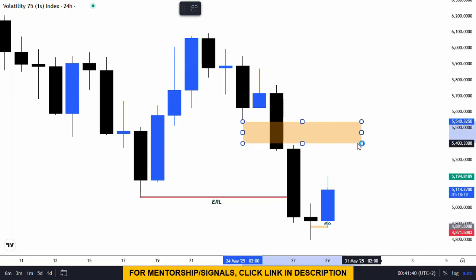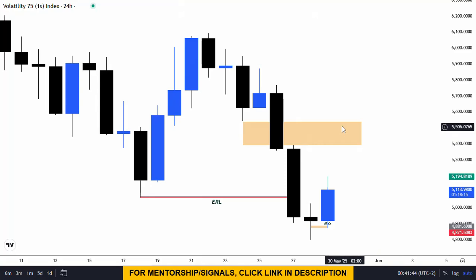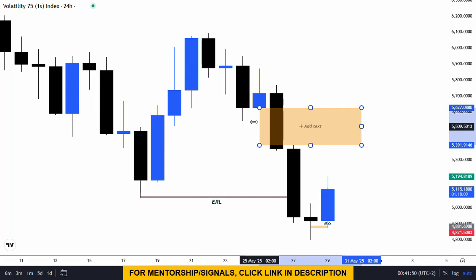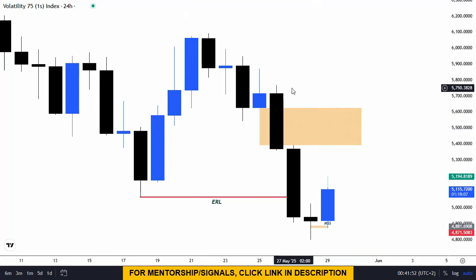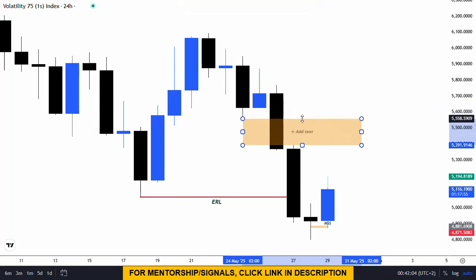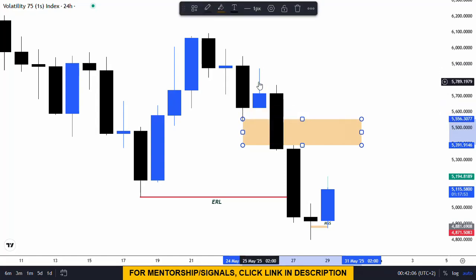Okay, that's one. You notice how I'm not marking the fair value gap like this. If you don't know how to mark a fair value gap, please watch the video on fair value gaps, on any channel. I don't know where, but I think there are plenty of videos on fair value gaps. So you mark it right down here, because this is an inside candle, so we can't count it.